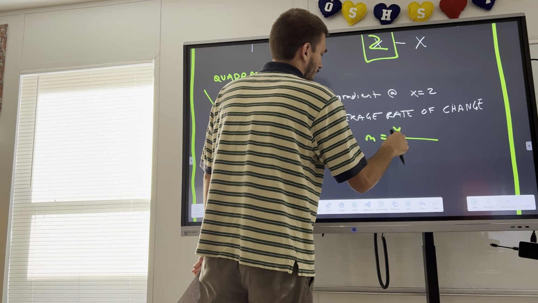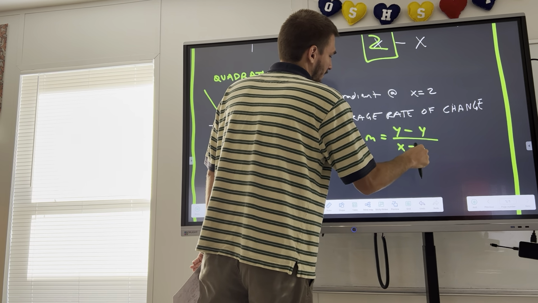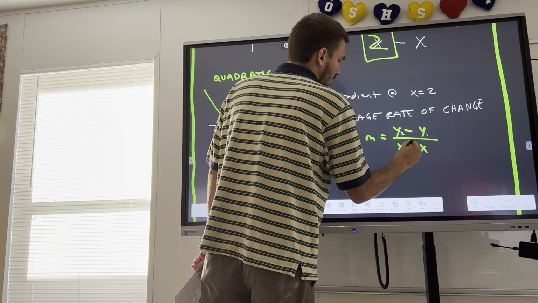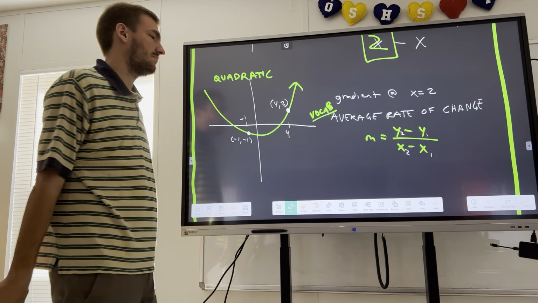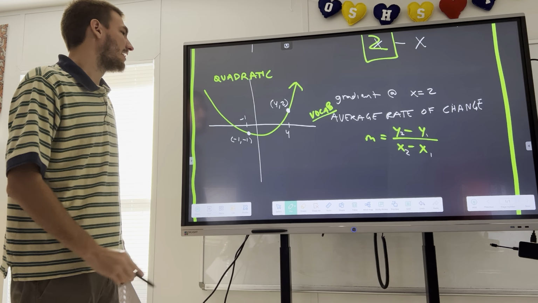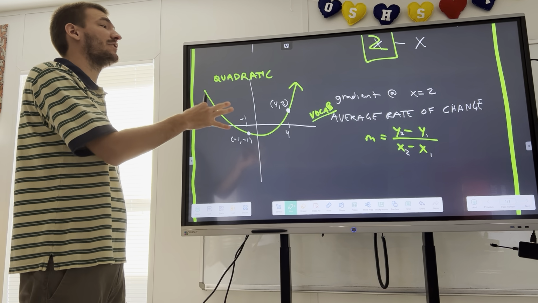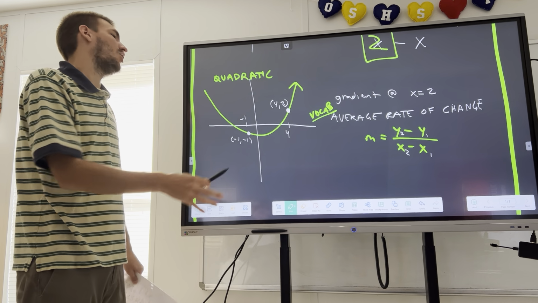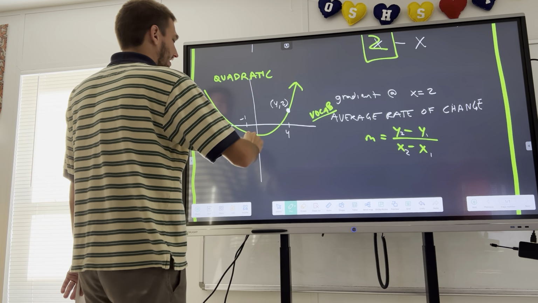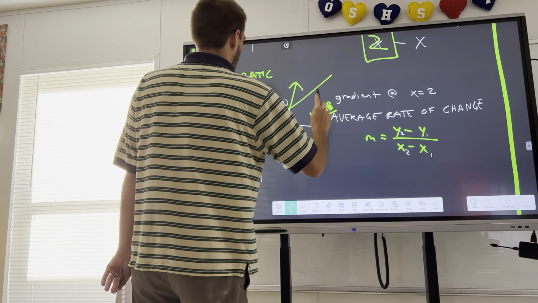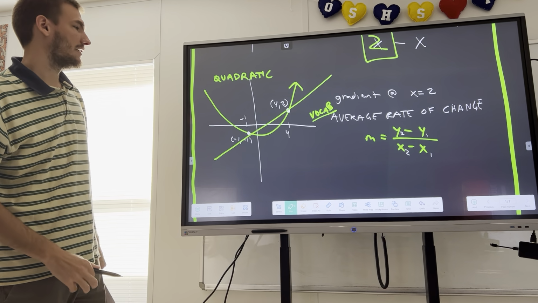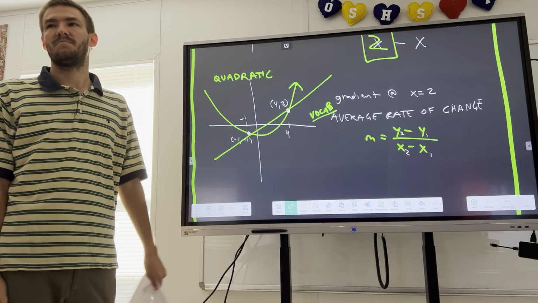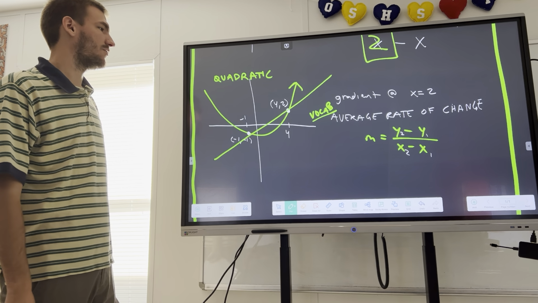M equals fraction, y minus y over x minus x. Again, if you want to put the little 2's and 1's, go crazy. And so we could find the average rate of change over this region by just calculating it using the slope formula.